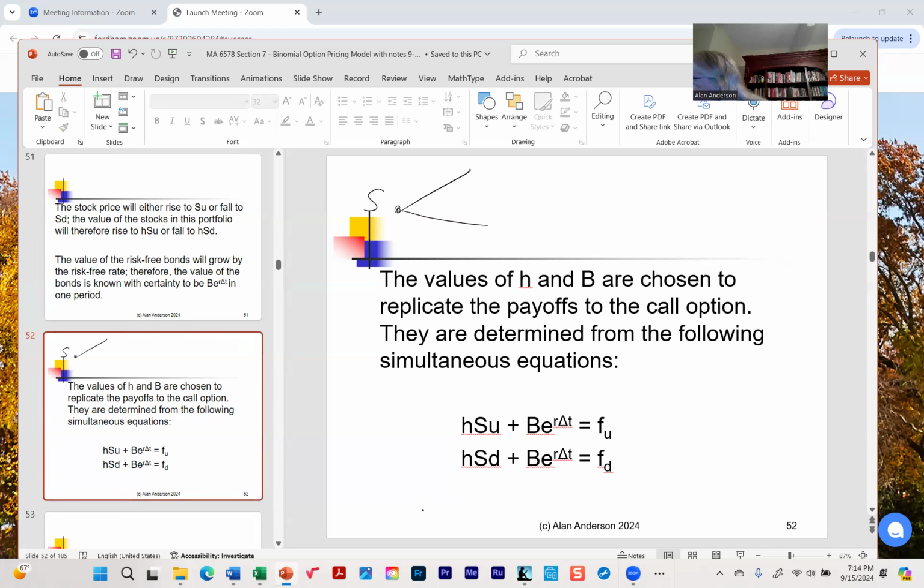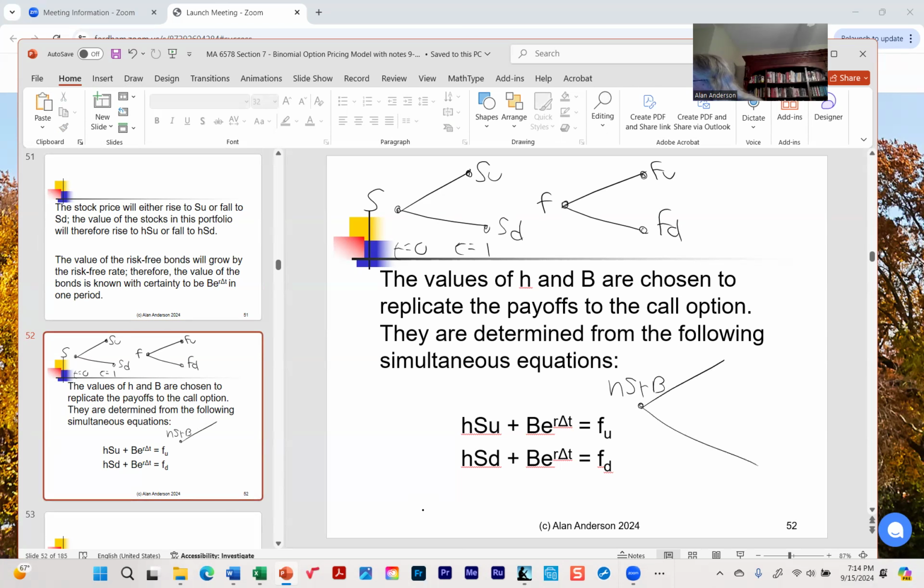We really can think of this as being three trees: the stock, the option, and the replicating portfolio tree, which, as we just saw, is going to be either H S_U plus B e^(RΔT) or H S_D plus B e^(RΔT).